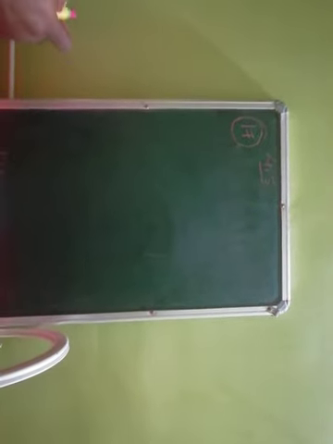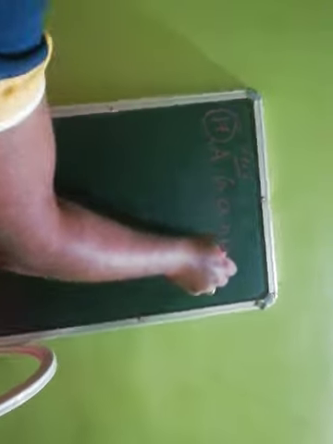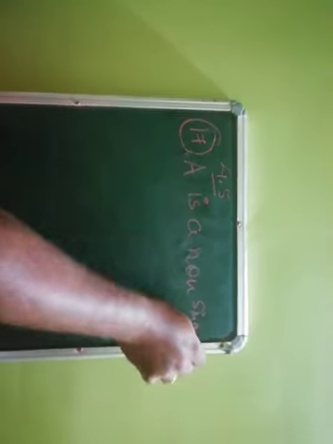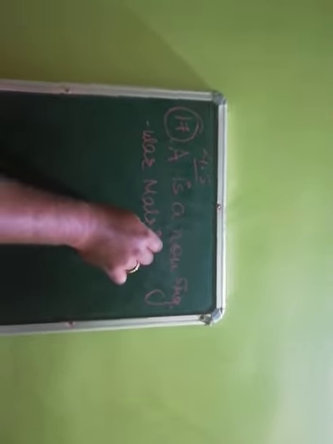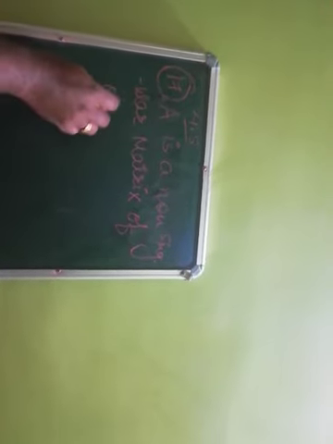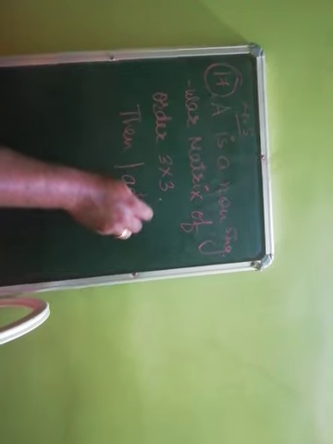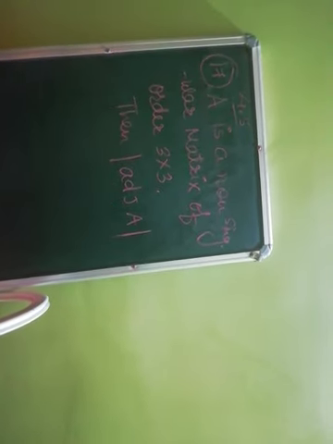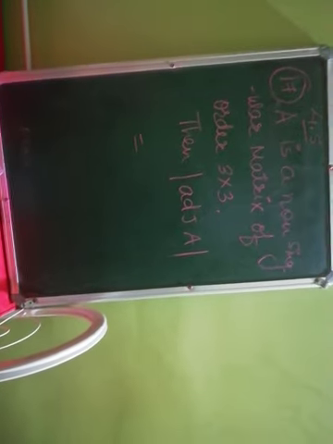A is a non-singular matrix of order 3 into 3, then the determinant of adjoint of A is equal to, there are different options.